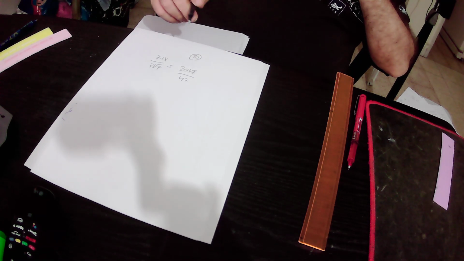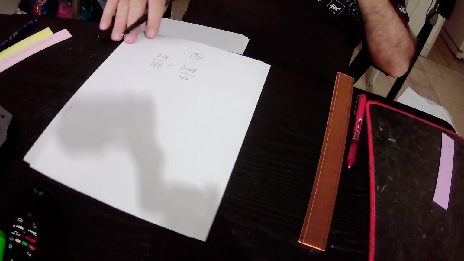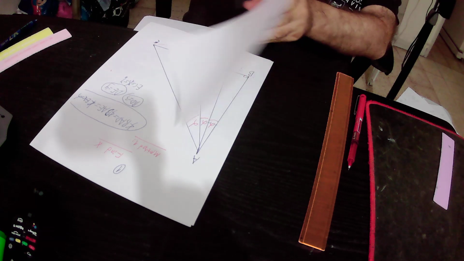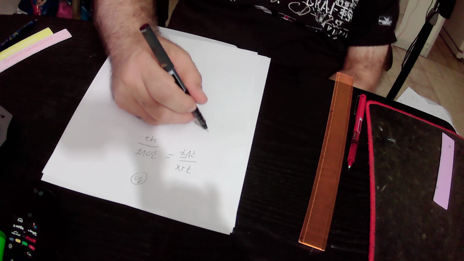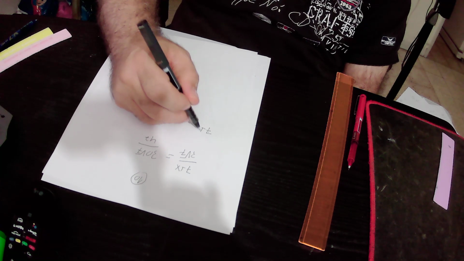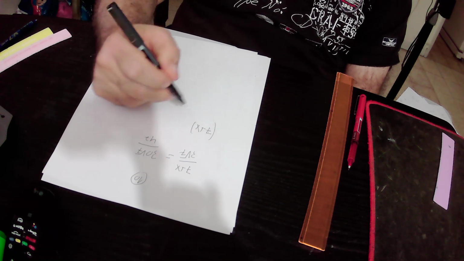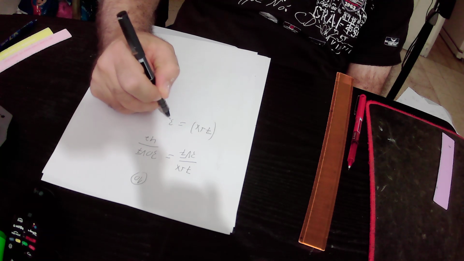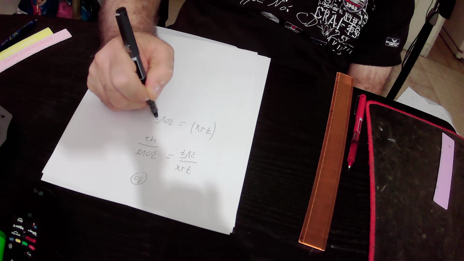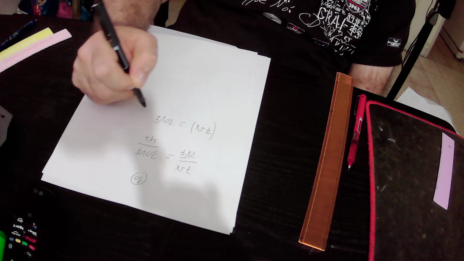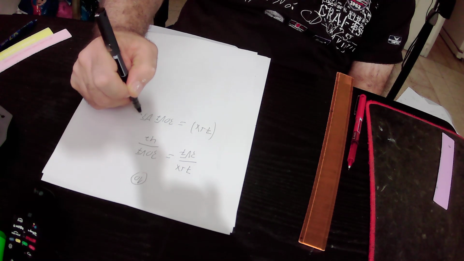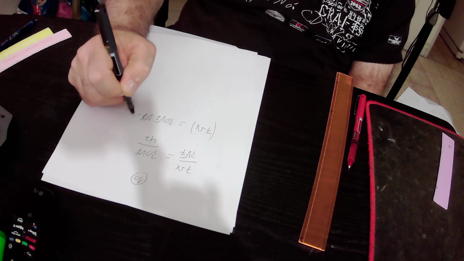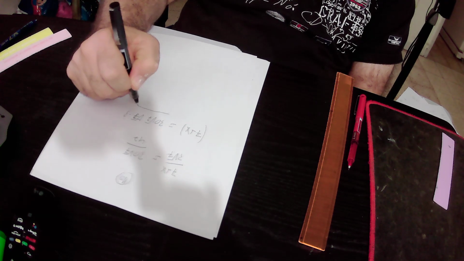Here we will multiply this equality by 3 times root 7 and we will get that 7 plus x equals 30 times root 7 times root 7 times 3 over 42.